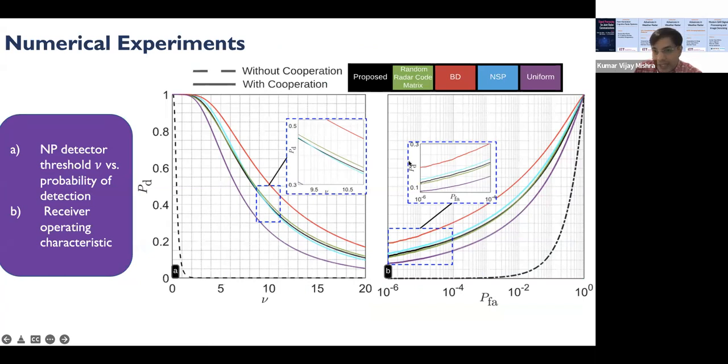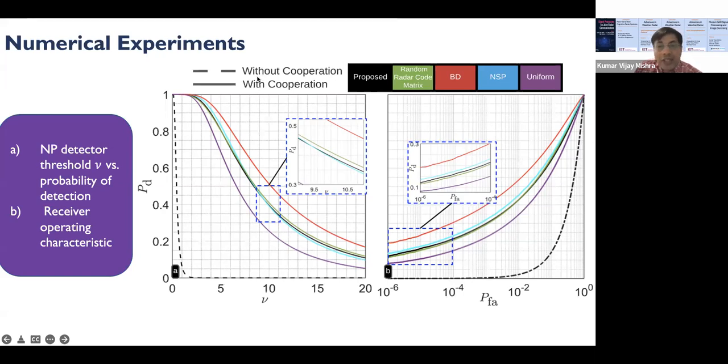If you focus on the second plot, which is what we call the receiver operating characteristic in radar, which is a plot between probability of detection and probability of false alarm, then when there is no cooperation in such a complex system, the probability of detection is this dashed curve.